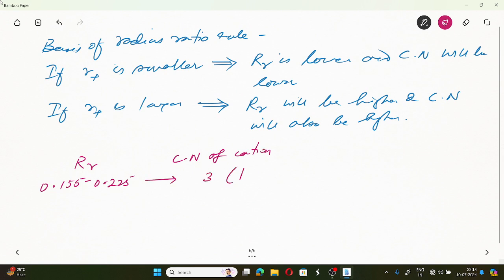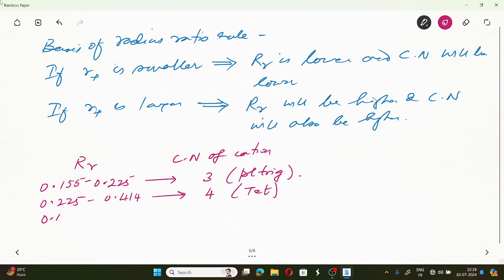The geometry will be planar trigonal around the cation. Now if it falls in the region of 0.225 to 0.414, then coordination number is 4 and the geometry around the cation will be tetrahedral.